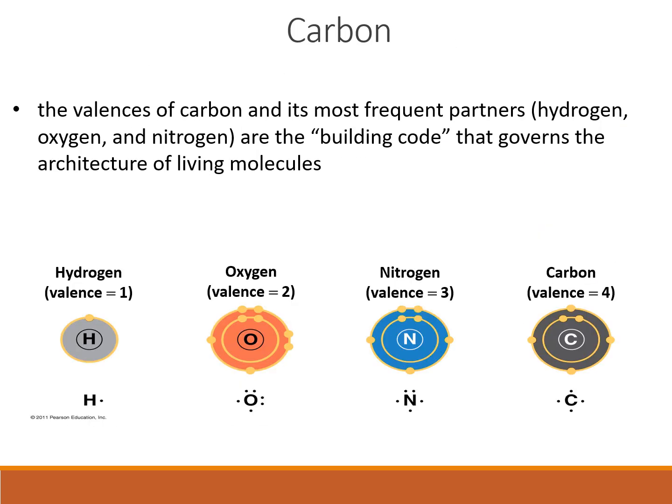Here are the most frequent partners that you will see bonding with carbon in a covalent fashion. Hydrogen, oxygen, and nitrogen are really found in the greater majority of these organic molecules. Other ones that will bind with carbon will include phosphorus and sulfur.